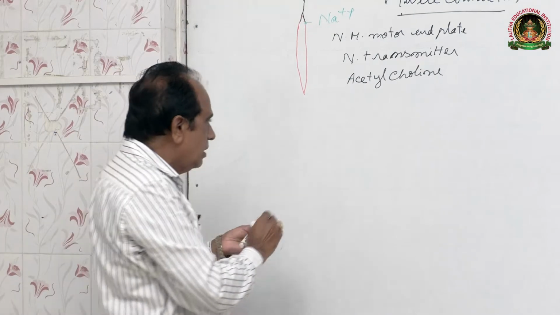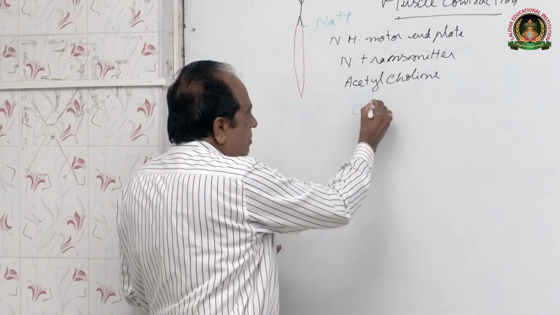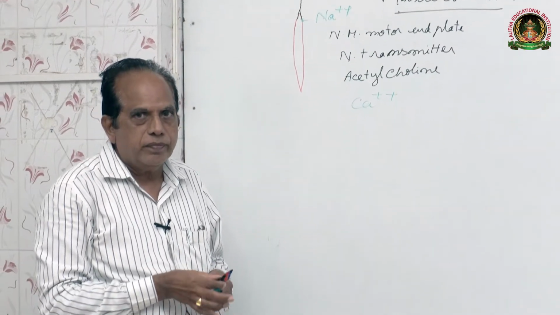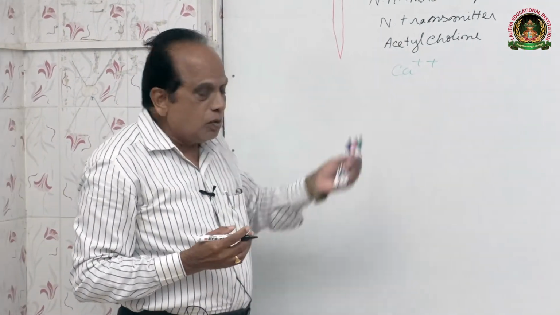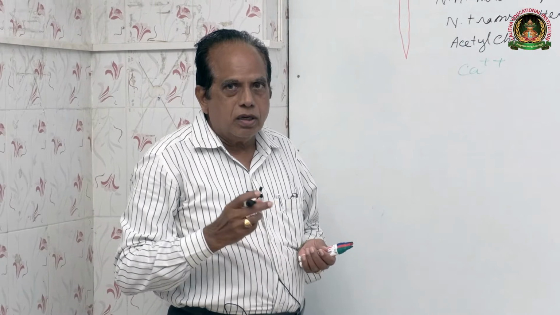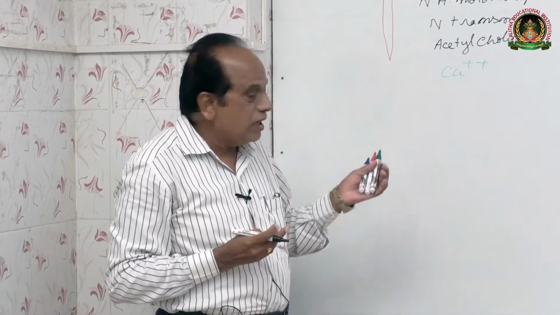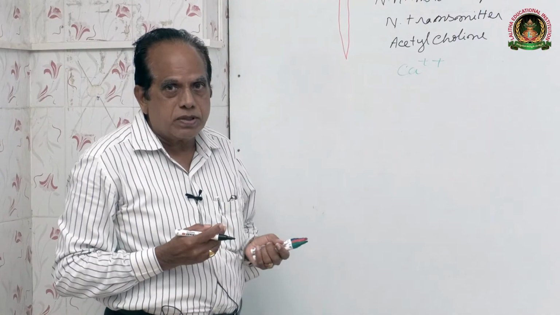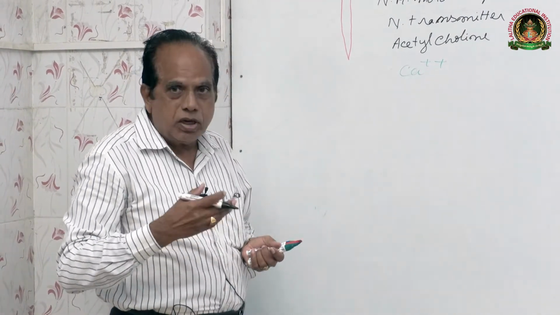As a result, the calcium ions are released from the sarcoplasmic reticulum. Sarcoplasmic reticulum stores the calcium ions. Because of pumping of the sodium ions, the calcium ions are released.